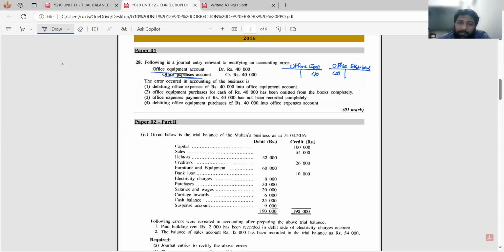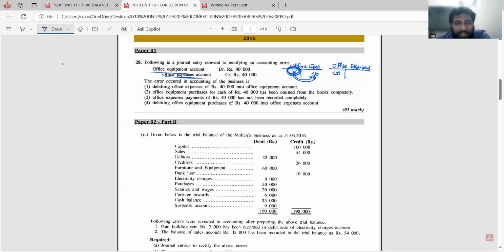Probably you might have purchased some office equipment. Mistakenly, you might have put it to the office expense account. So that's why the correction entry has come to the credit side, to remove that expense that you posted mistakenly. To remove the expense that you posted mistakenly, that's why you are putting it to the other side.